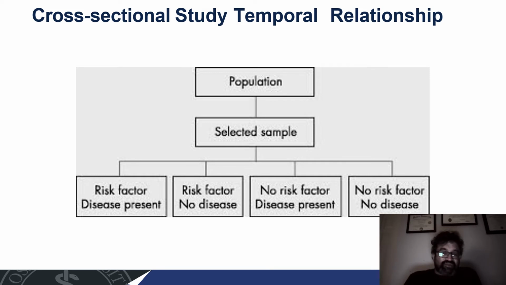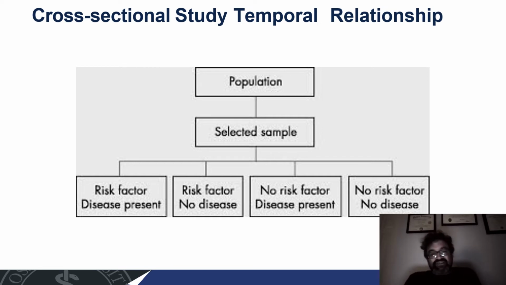Cross-sectional study, temporal relationship: population, selected sample, risk factor with disease present, risk factor with no disease, no risk factor with disease present, no risk factor with no disease. I've done a lot of cross-sectional studies.